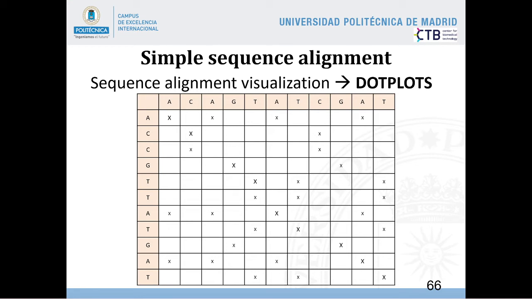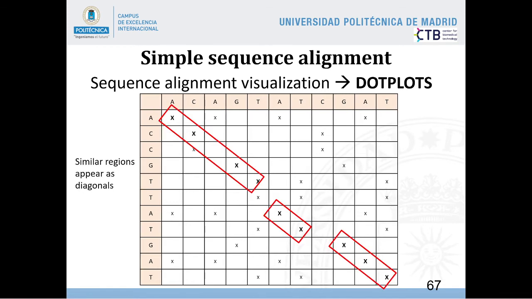This is just a way to visualize alignments, but with dot plots we cannot have a metric to say this alignment is better or worse. But some relevant information can be obtained from them.